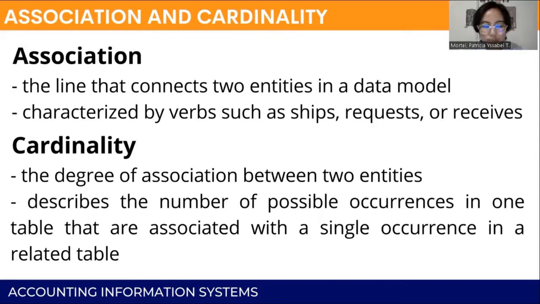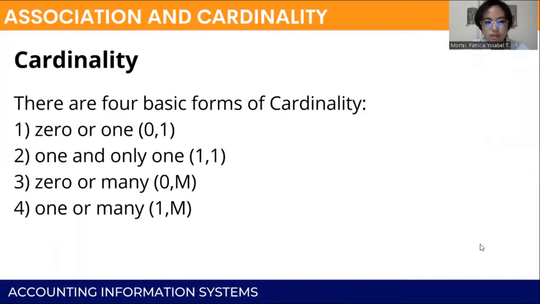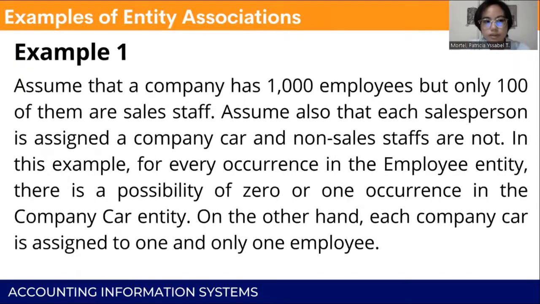It describes the number of possible occurrences in one table that are associated with a single occurrence in a related table. There are four basic forms of cardinality: 0 or 1, 1 and only 1, 0 or many, and 1 or many. These are combined to represent logical associations between entities. To elaborate further, here are examples of entity associations.